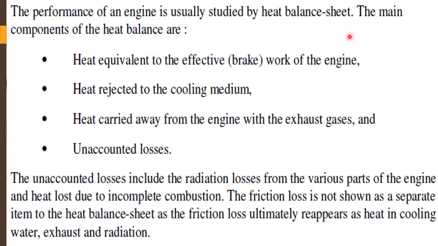When we consider the heat balance sheet, the major components include the heat equivalent to the effective work of the engine, that is heat equivalent to the brake power, heat rejected to the cooling medium, heat carried away from the engine by the exhaust gases, and unaccounted losses. These unaccounted losses include the heat loss by radiation from the various parts of the engine, plus heat loss due to incomplete combustion.